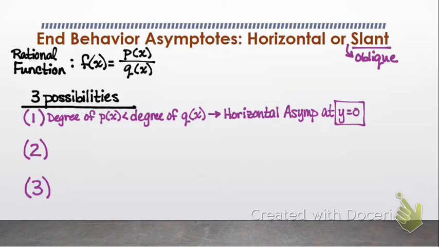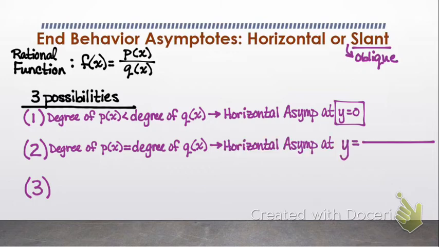We have the possibility that the degree of p of x and the degree of q of x is the same. When that happens, we have a horizontal asymptote at y equals the leading coefficient of p of x divided by the leading coefficient of q of x.